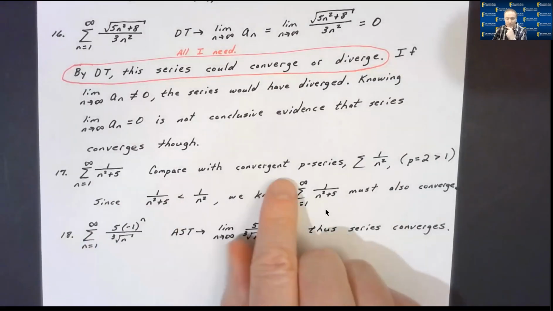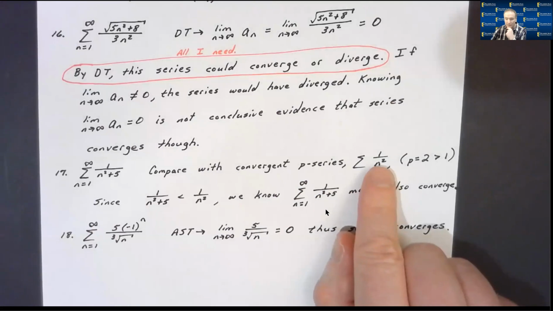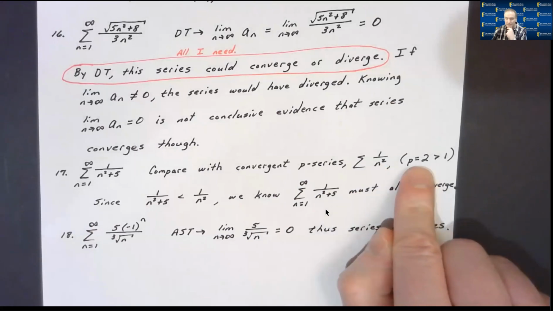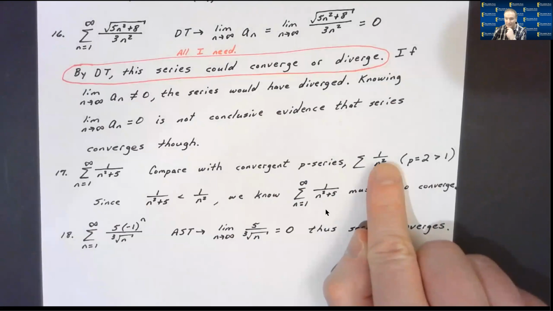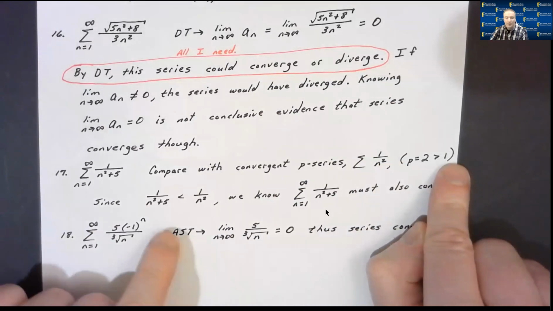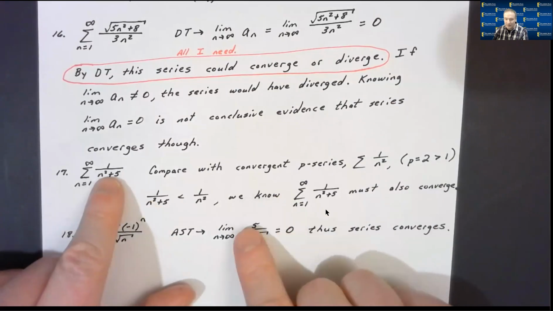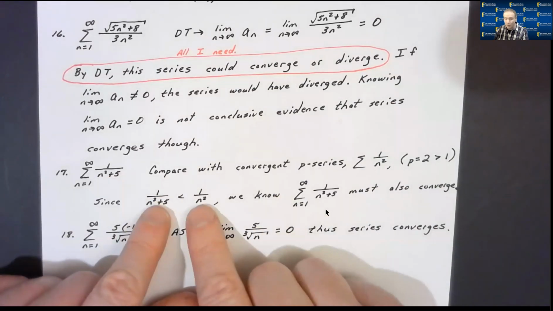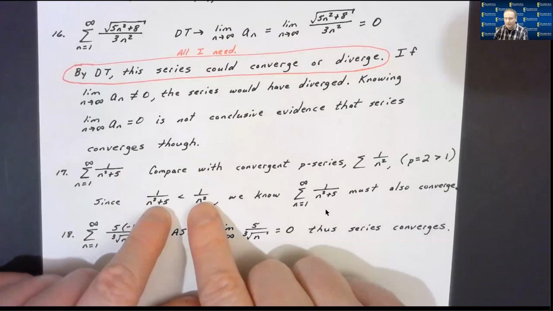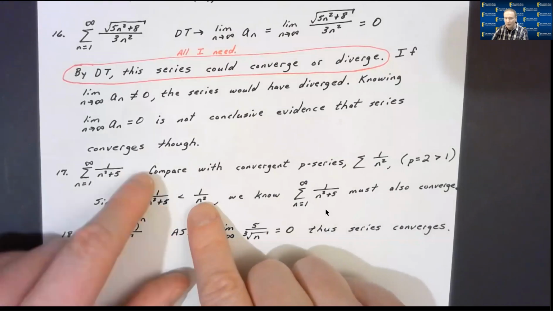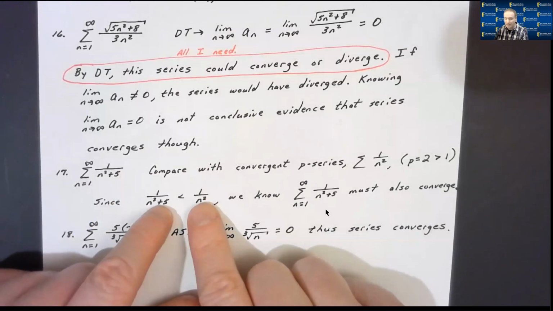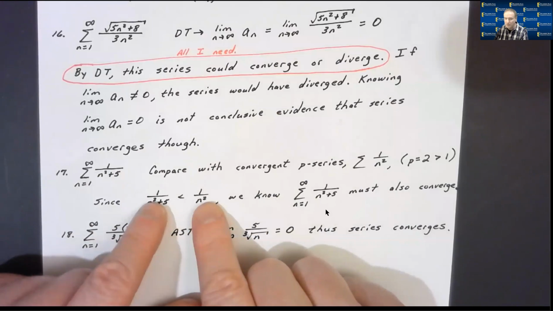Okay, so I do that. I compare with a convergent p-series, 1 over n squared, and that's a convergent p-series because the denominator has a power greater than 1. And then I can say, well, all right, since this denominator is always greater than this denominator, think about this. If you have two fractions and one fraction always has a bigger denominator than the other fraction, well, then this fraction is smaller.